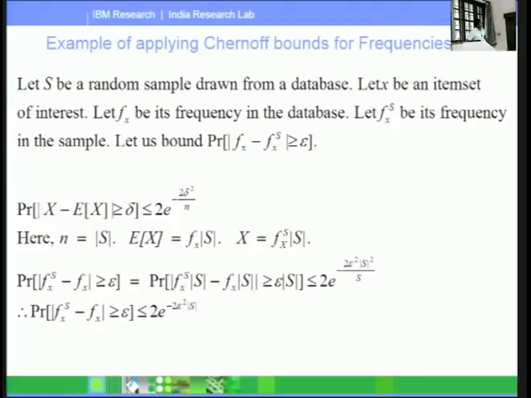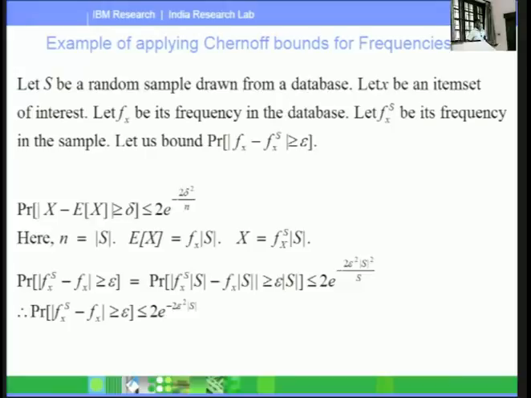How do we bound this kind of event? Let's say that its real frequency is fx, and its frequency in the sample is f superscript s of x. What I want to do is bound the probability that this difference is very high, bigger than epsilon.